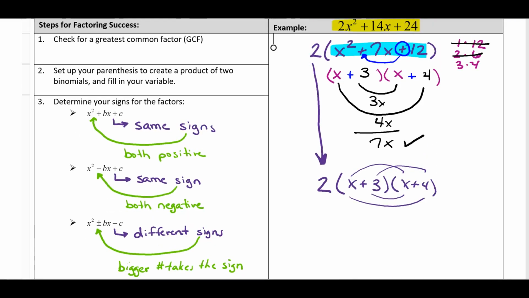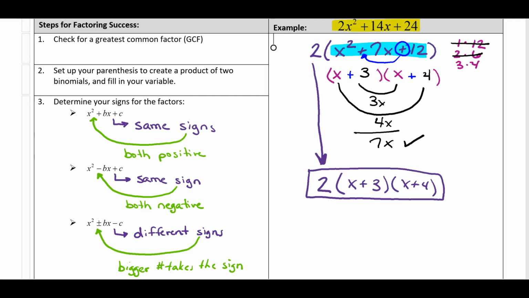I've gotten all three of my terms here, x squared plus 7x plus 12. And then if I was to multiply it by 2, I would have 2x squared plus 14x plus 24. So that means this answer is correct. These are my factors that I originally multiplied to get this answer.